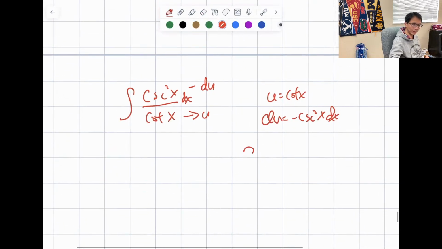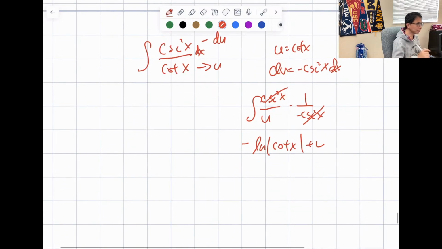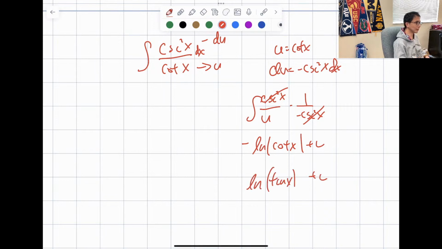So then it's going to be u on the bottom, csc squared of x over negative csc squared of x. Cancel out: negative natural log of cotangent of x plus c. Done. Which is also log of cotangent to the negative one, right? Or just natural log of tangent. Yeah, you can do that.